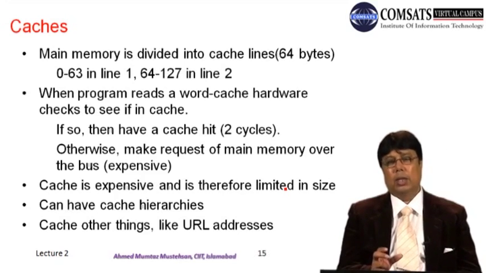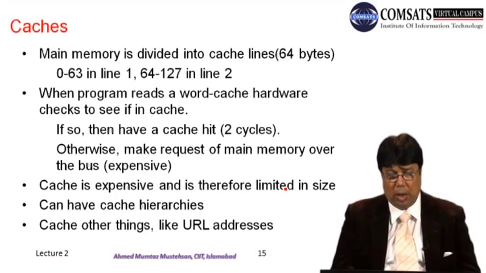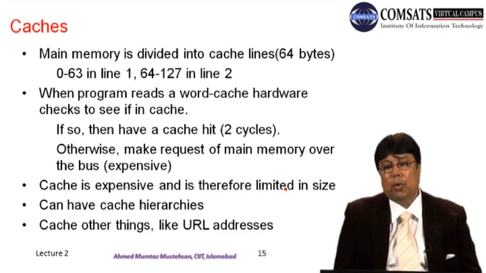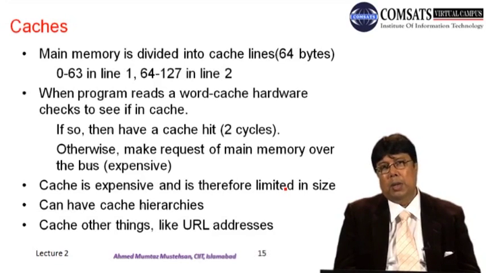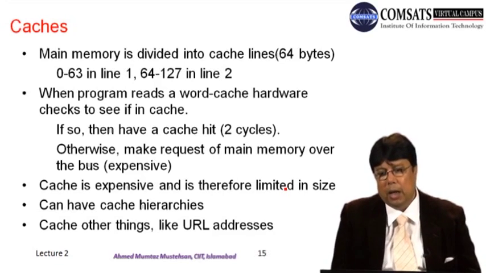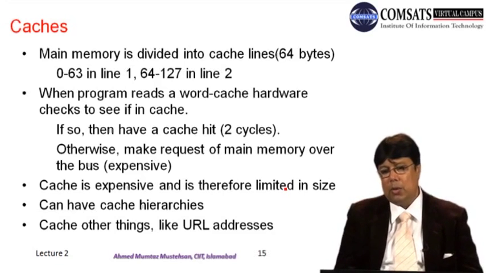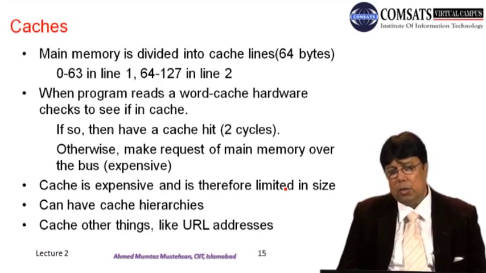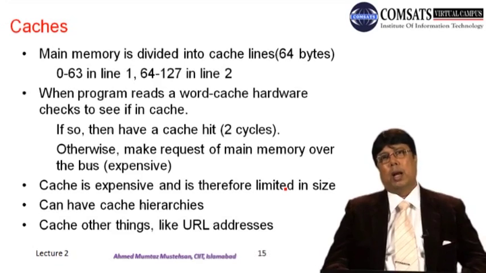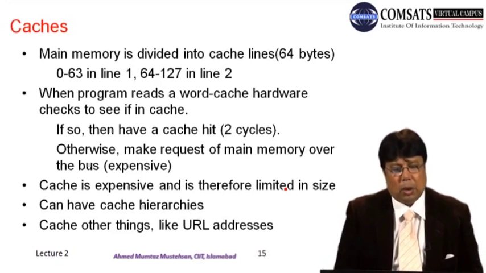Each block is of the size of 64 bytes. So 64 bytes multiplied by 8 is basically 2 raised to the power 6 times 2 raised to the power 3, which is 2 raised to the power 9, which is 512 bits. That is one block.